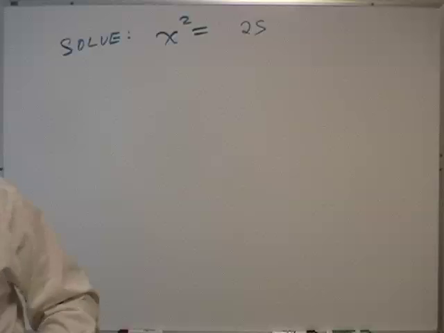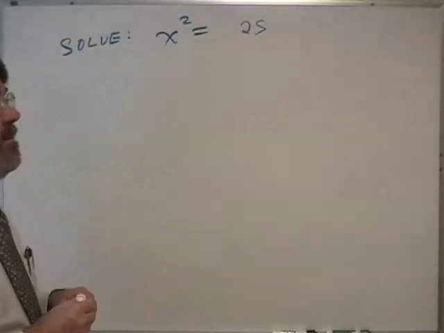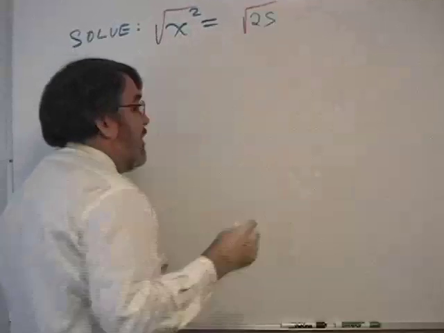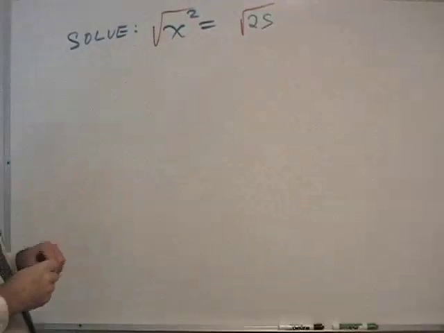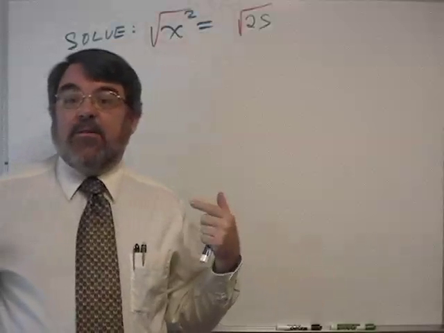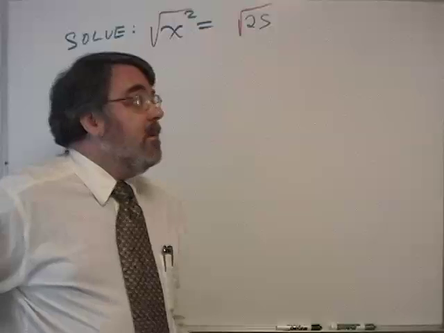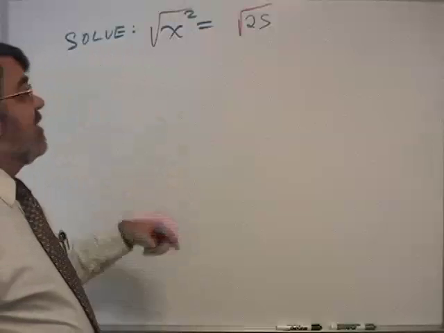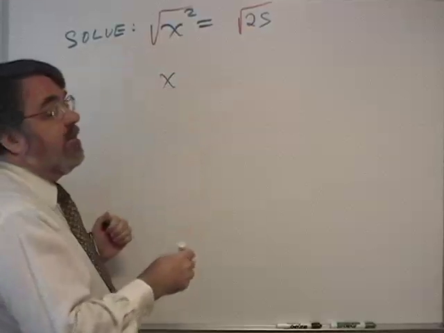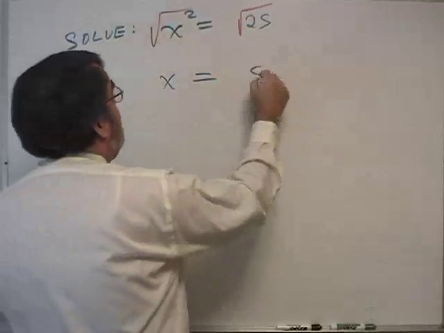I'm going to take the square root of both sides. So fit each side inside a square root symbol. Now that should be okay, right? Because we're doing the same operation to both sides of the equation. So what is the square root of x squared? It is x. And the square root of 25 is 5.